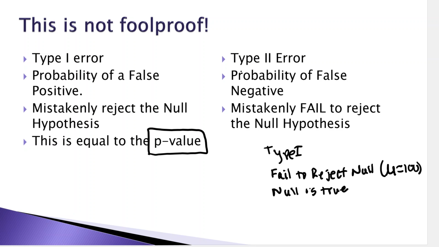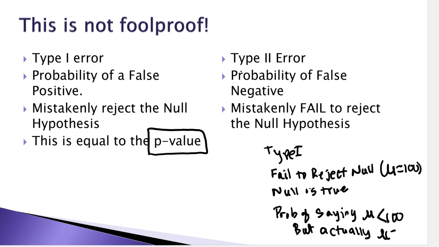Okay, so probability of saying mu is less than 100 because that was our alternative, but actually mu is equal to 100. You may have to write out some steps like that just to keep everything straight when you answer those questions, because they can be a little twisty and tricky. Okay, just wanted to let you know that.